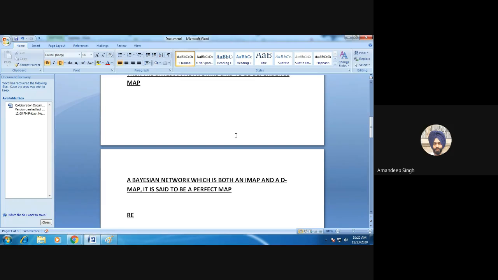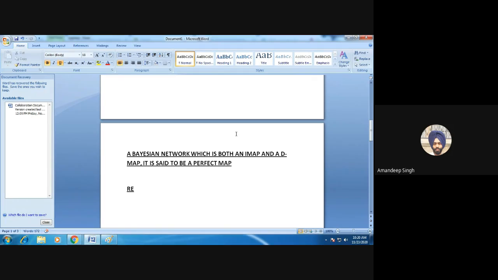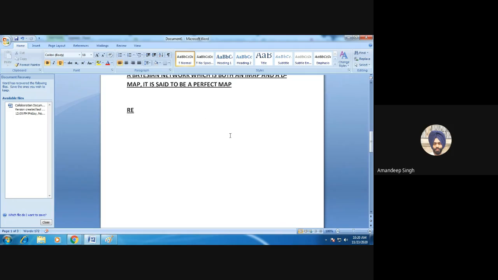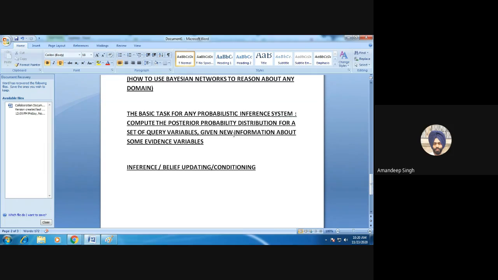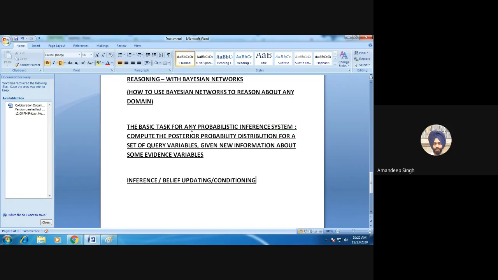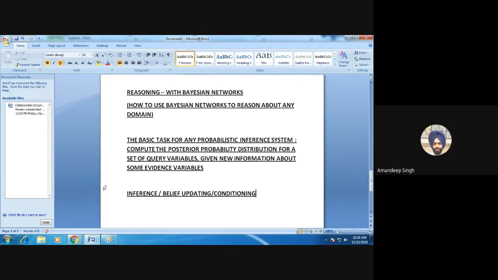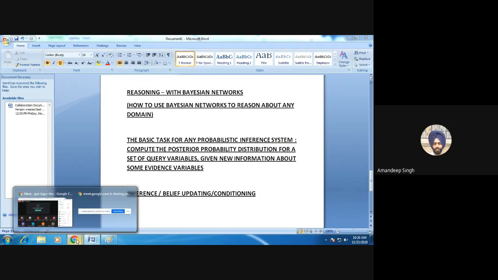And the Bayesian network which consists of both independence maps and dependence maps is referred to as a perfect map. And then we discussed how we can use Bayesian networks to reason with the given domains. So that is the summary regarding today's session.